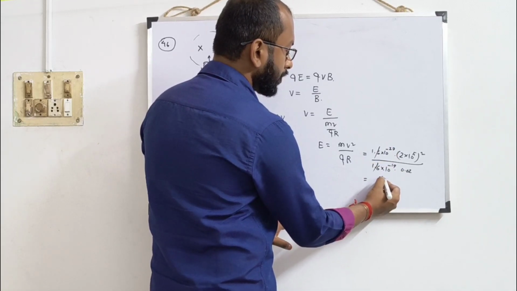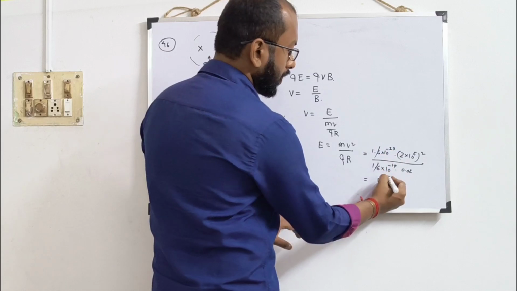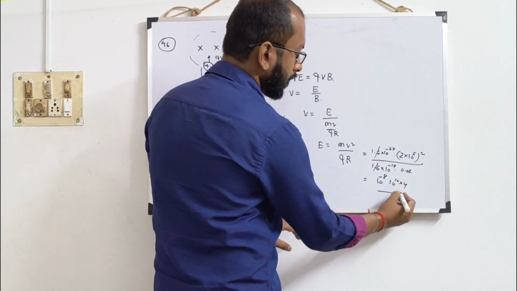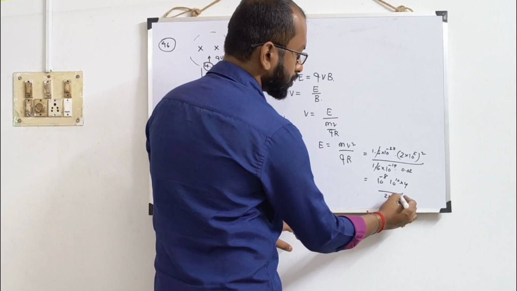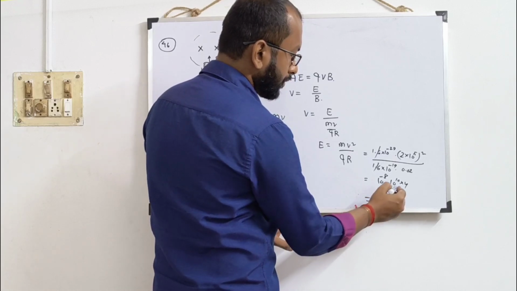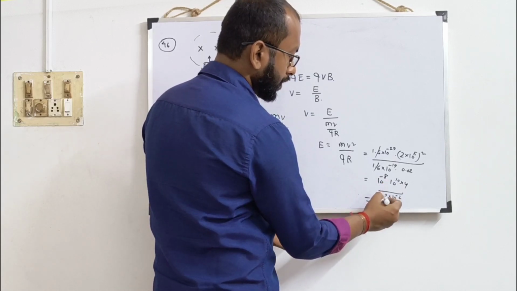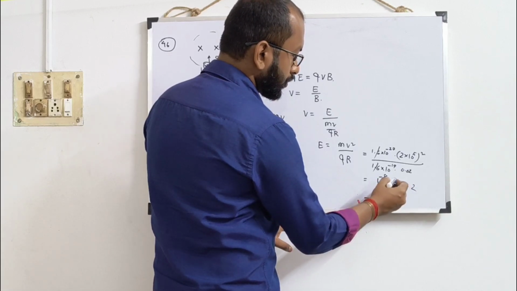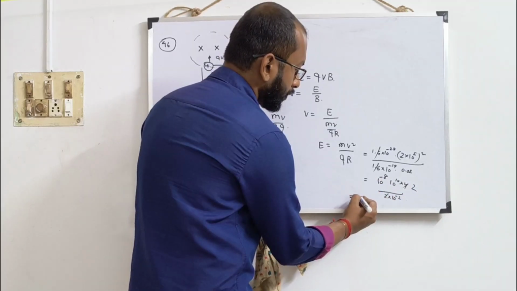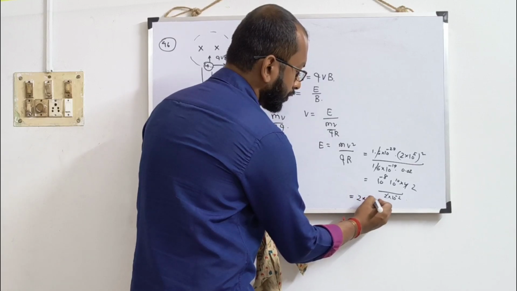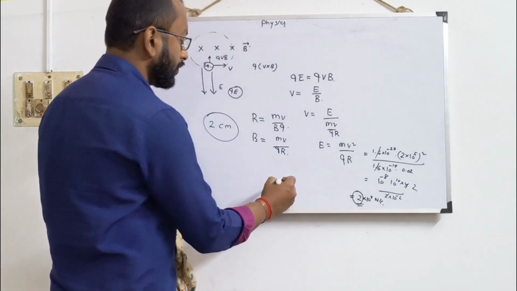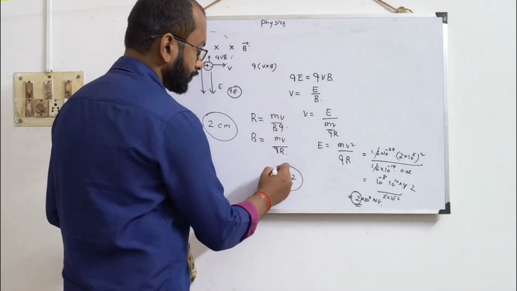It is 10 to the power minus 8 into 10 to the power 10 into 4 by 2 into 10 to the power minus 2. So it is becoming 10 to the power 10 by 200. So 2 will cancel. It is 2 into 10 to the power 4 Newton per coulomb. You need to find out the value of x. The value of x is 2. That is our answer.